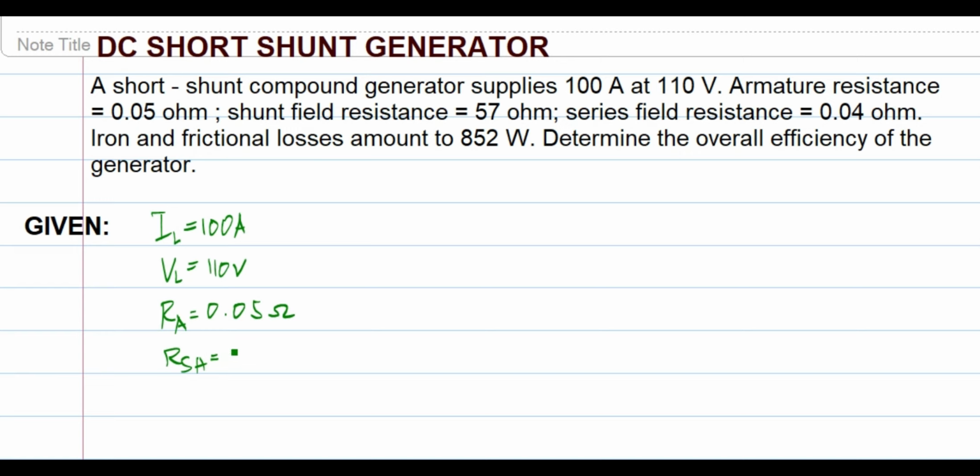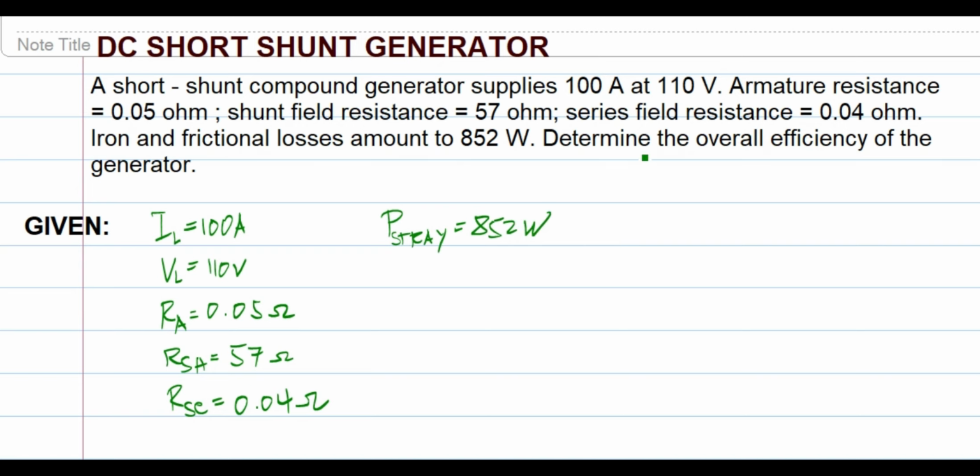RSH of 57 ohms. RSE, the series resistance, of 0.04 ohms. Frictional loss, or the P stray, is equal to 852 watts.